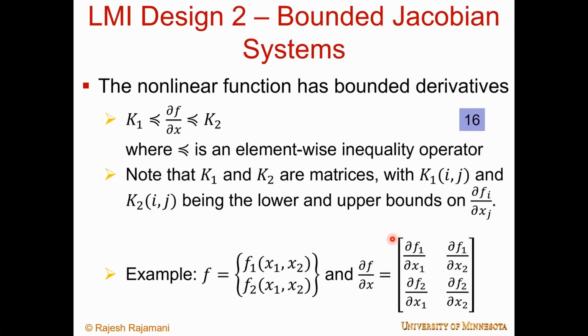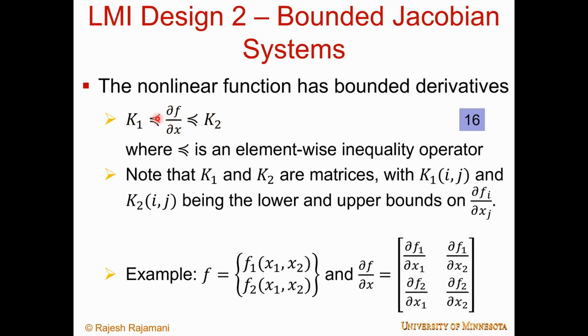So then let's look at a different type of constraint on the nonlinear function F. Earlier we assumed that the nonlinear function F was Lipschitz. Now let's look at the nonlinear function having bounded derivatives. Basically the Jacobian dou F by dou X has lower and upper bounds: K1 is less than or equal to dou F by dou X, which is less than or equal to K2.